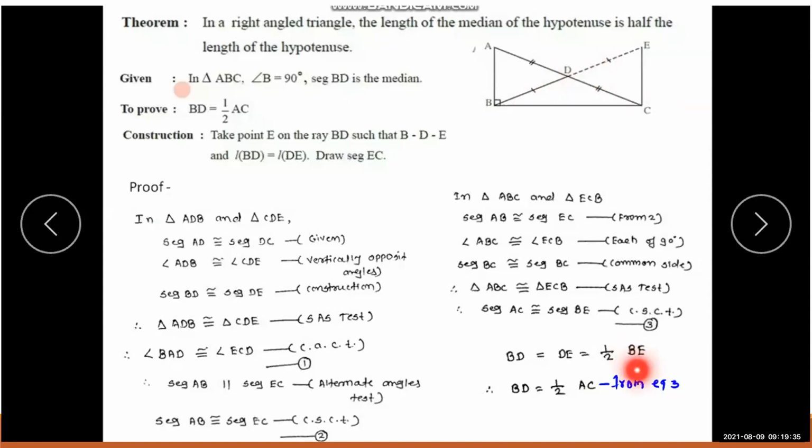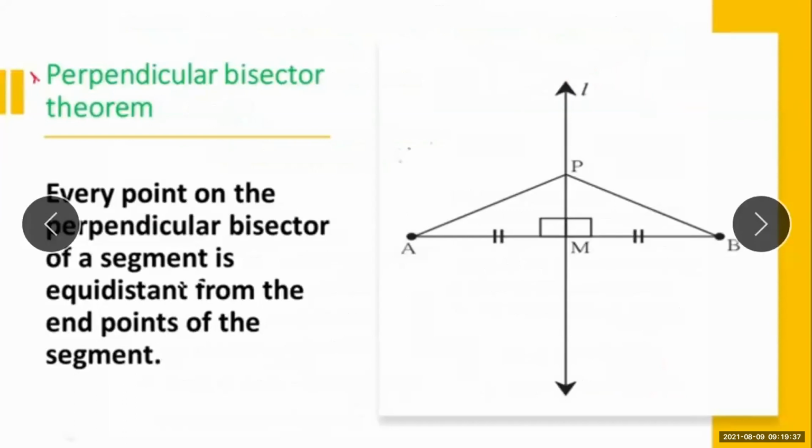Now, what is meant by perpendicular bisector? As the word perpendicular suggests, it forms a 90 degree angle. Here you can see a segment AB. Perpendicular means a line drawn such that it intersects the segment and forms a 90 degree angle.